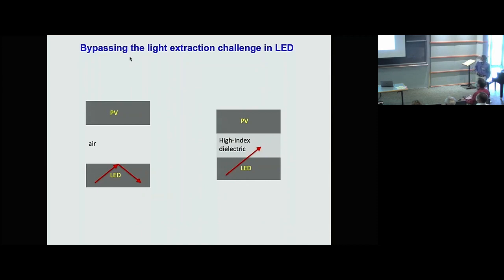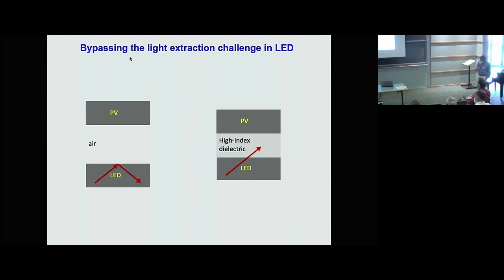One of the long-standing difficulties of LED is the extraction efficiency challenge. Roughly speaking, if you're an LED, typically you need to get a photon to go from the LED to the air side. The interface is between a high index material and the air, and that has total internal reflection. This has been a long-standing difficulty for LED extraction.